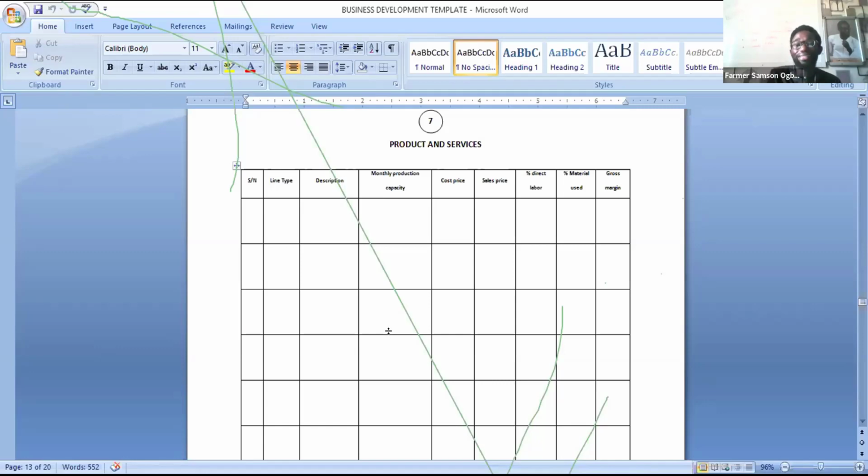Now, for someone that is an early startup, we need to figure out how much work you have done, so that we know how much background work you have done to know the kind of market available for your business.